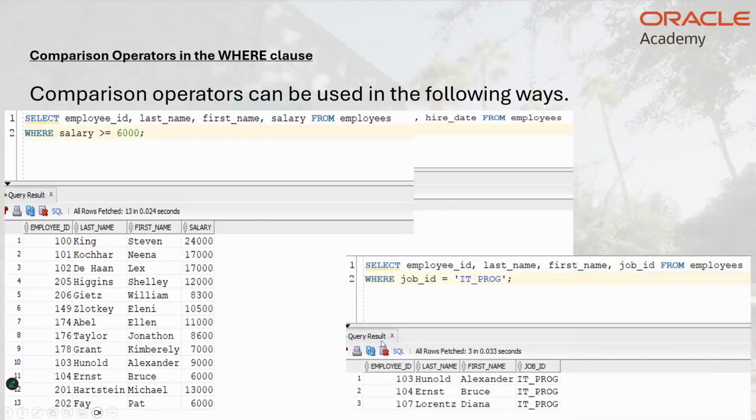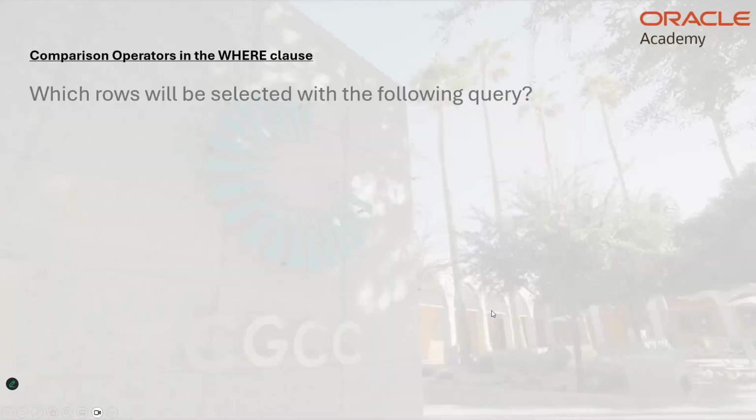I can select employee ID, last name, first name, job ID from employees where job ID is IT_PROG, the programmer job. And we get all the employees that have that job: Alexander, Bruce, and Diana.